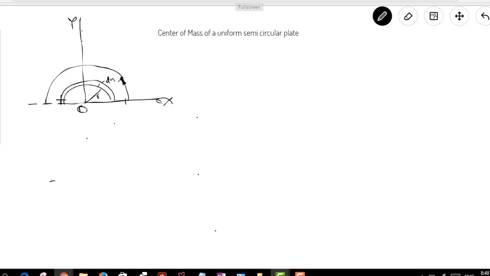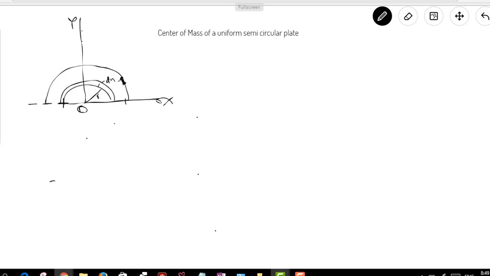But this is a circular differential element, so we can't just say the x coordinate of any point.